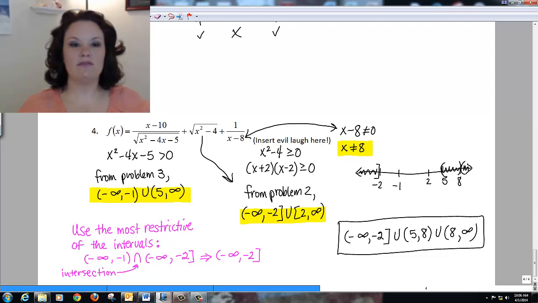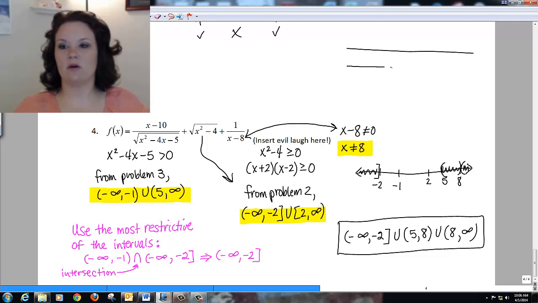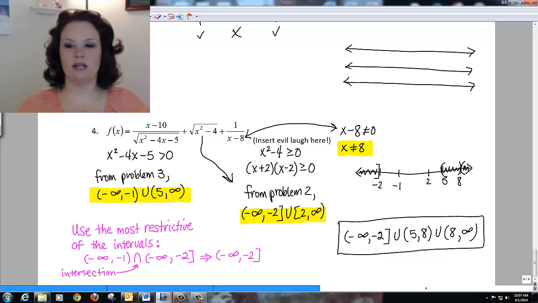Now remember, when I find the domain, I have to take the most restrictive combination of those 3 answers. So I'm going to write it up here just so you can see what I'm talking about. I'm going to write out all the points of all 3. My first one needs a -1 and a 5.